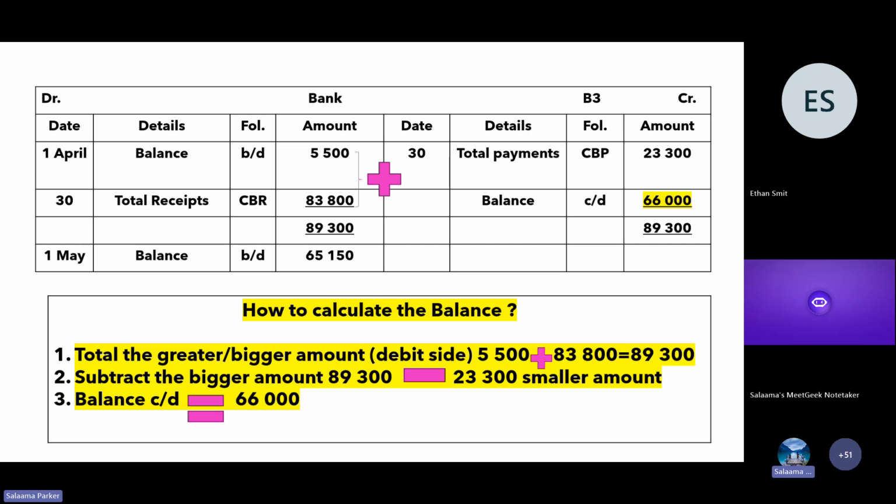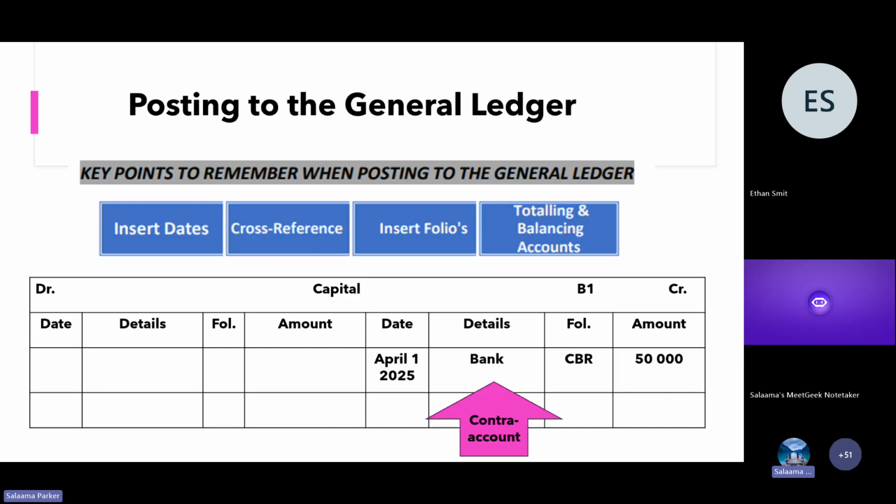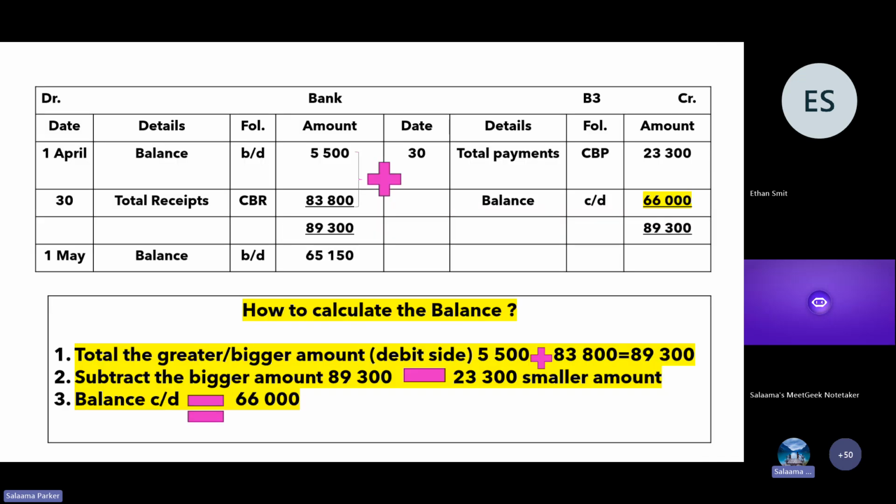Okay, because if you looked at my previous slide for capital, we only had the entry on the credit side. So we did not have to calculate a balance carried down and then brought down again. Yes, now we have to calculate a balance. I know you know your math, you know how to add and how to calculate the bigger amount.